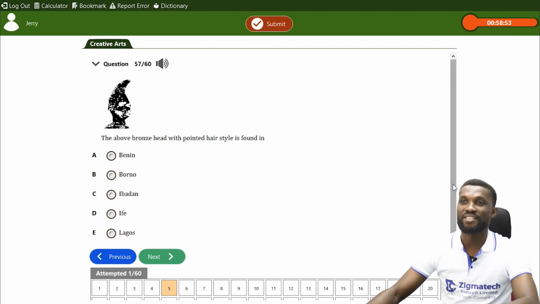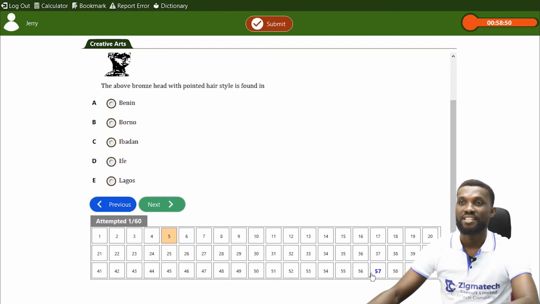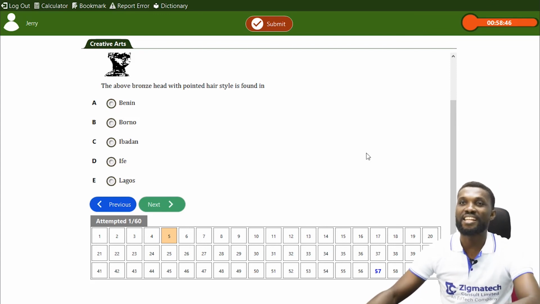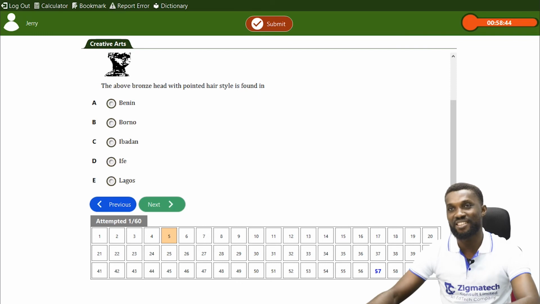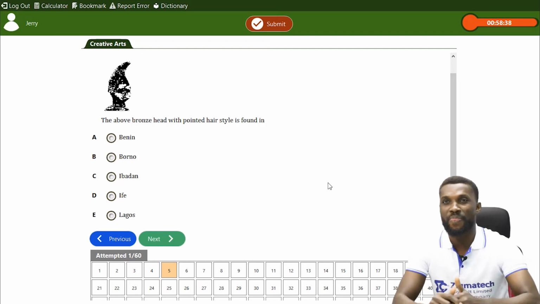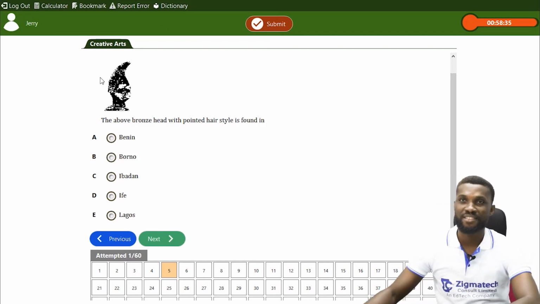Let's try question 57. Okay. The above bronze head with pointed hairstyle is found in dash. Yes. Look at the image you have on the screen.